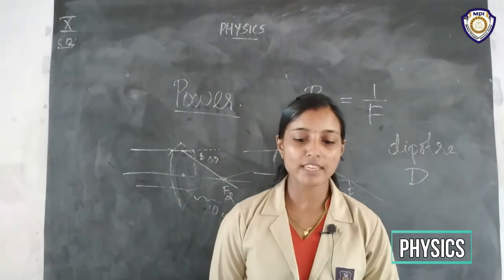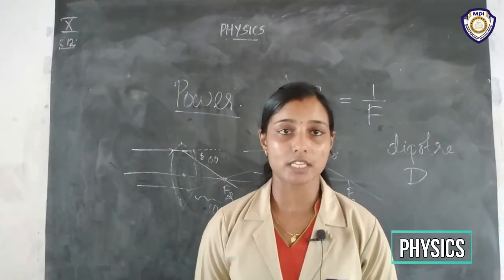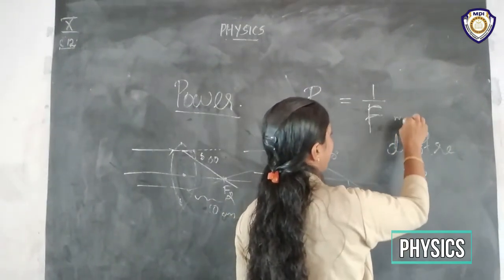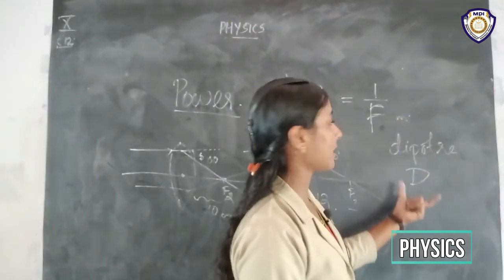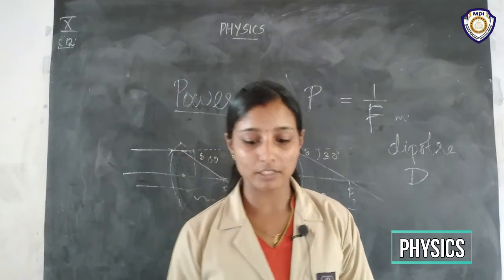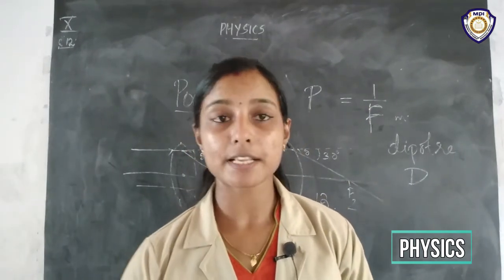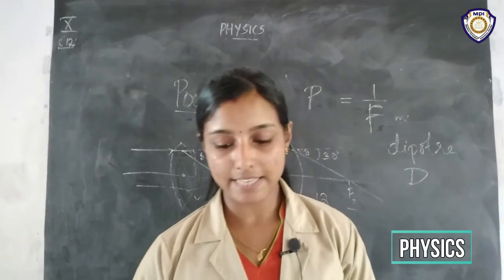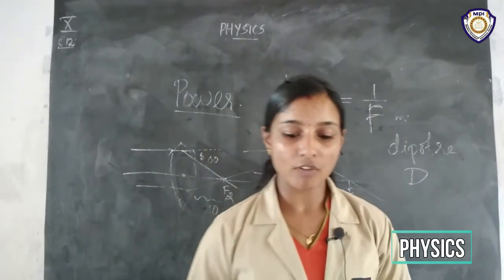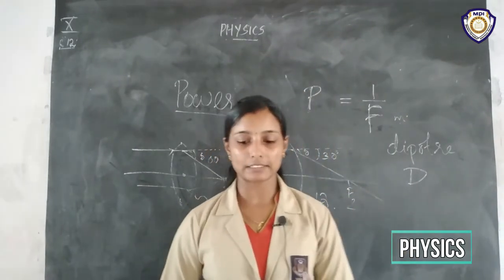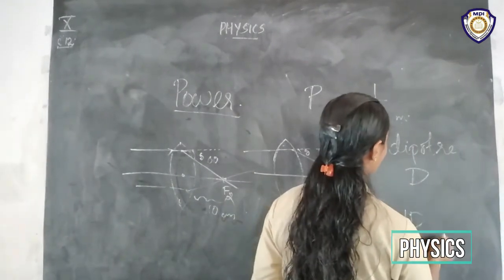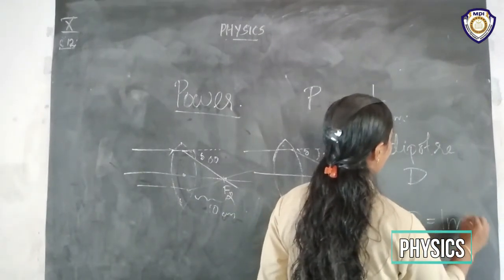If F is expressed in meters, that means the focal length is expressed in meters, then power is expressed in diopters. Thus, 1 diopter is the power of a lens whose focal length is 1 meter. That means 1 diopter is equal to 1 meter inverse.